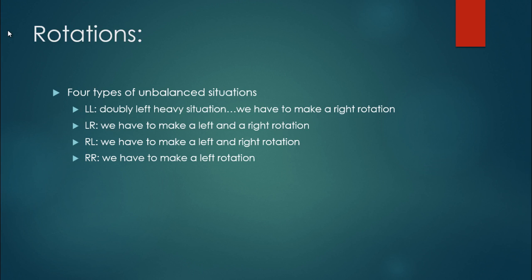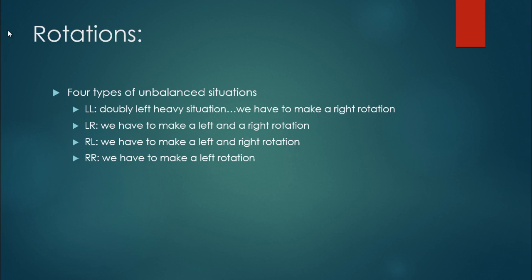So there are 4 types of unbalanced situations, and that's why we have 4 types of rotations. We have the doubly left heavy situations when we have to make a right rotation. We have the situation when we have a left heavy and a right heavy situation. At that point, we have to make a left and a right rotation.